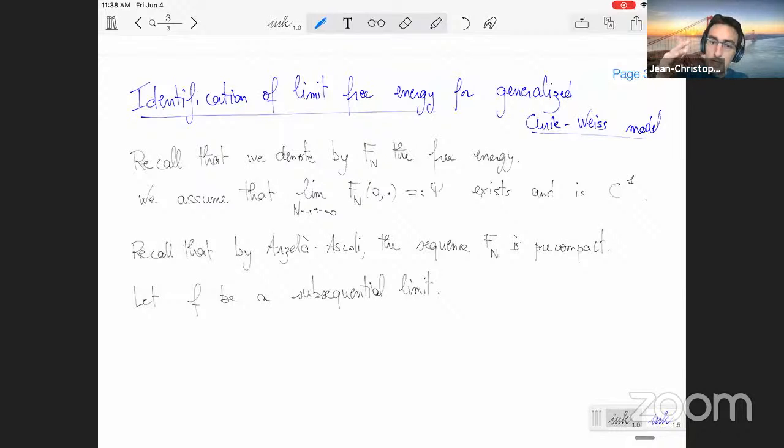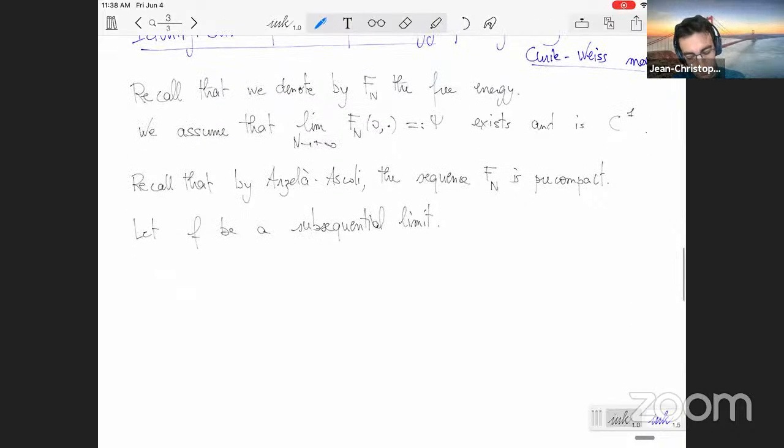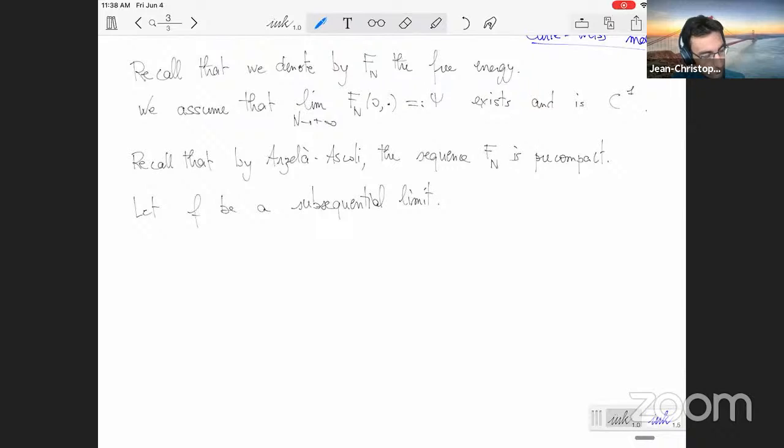Okay, what I want to say is that this limit must be the viscosity solution to the relevant equation. And so as usual, I'm not going to denote explicitly the subsequence.